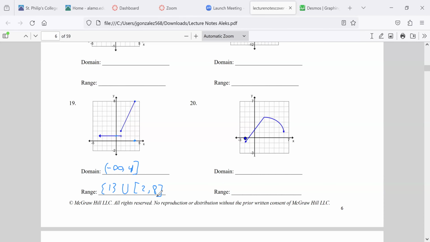Okay, 20, what's the lowest it goes for x? Does that circle matter though? I don't think it matters for domain, because eventually I'm going to hit all of them, right? The domain doesn't seem to be a problem. There is a random point there. I would say it ruins it being a function.